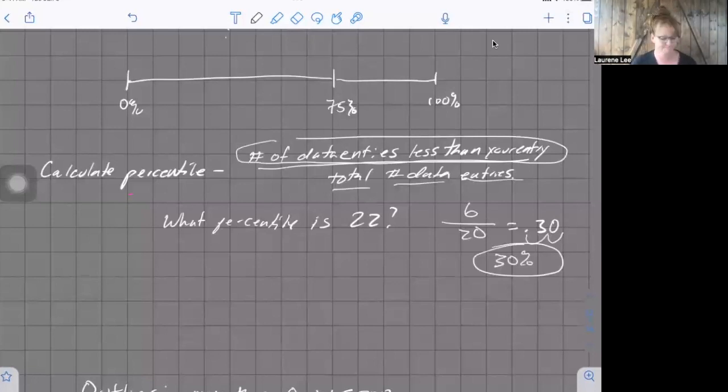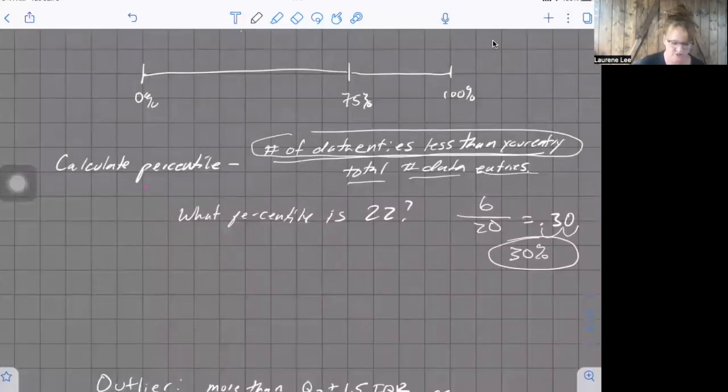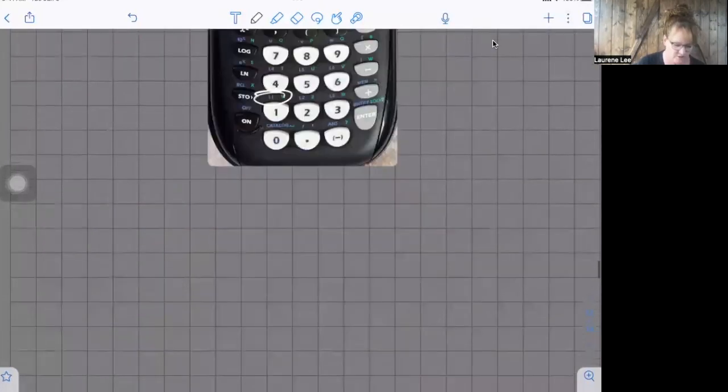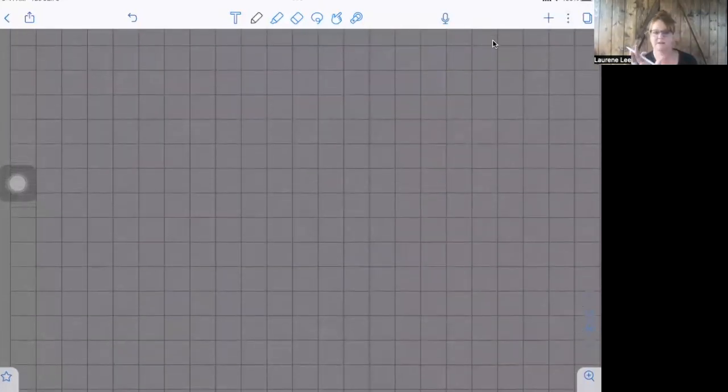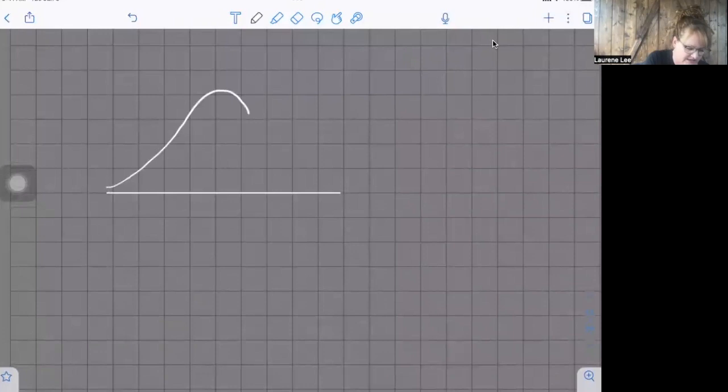Okay. And then the last measure of position is related to the symmetric normal distribution that we talked about last class period. So let's draw this out. Remember, this is like a smooth curve representing a histogram of sorts, right? It's how much data. So there's a lot of data in the middle, not very much on the sides.